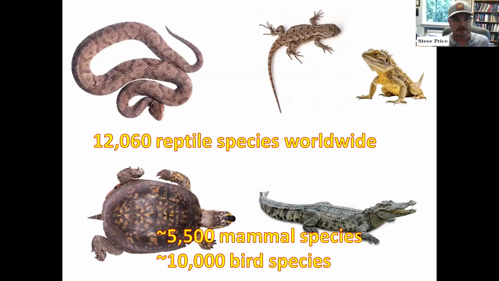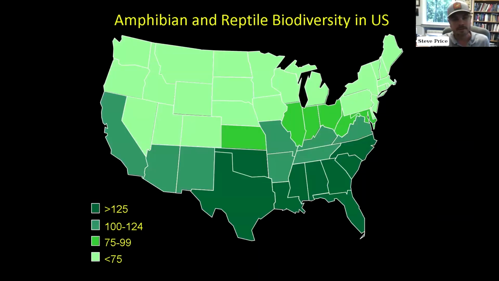And in Kentucky, we are kind of located in a biodiversity hotspot for amphibians and for reptiles in certain aspects as well. So this map shows amphibian and reptile biodiversity across the US. You can see that the darker shades of green have more species. So these southeastern and south central states, ranging from North Carolina to Texas, have really high reptile and amphibian biodiversity.